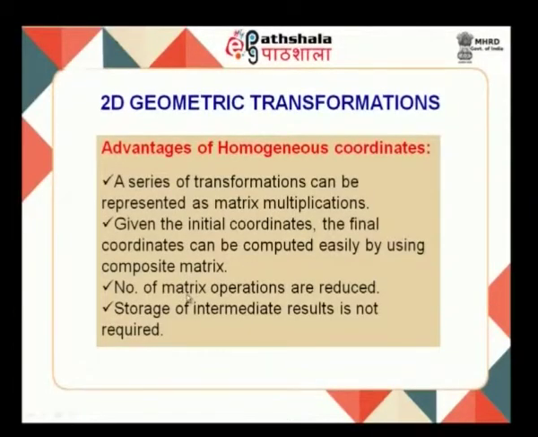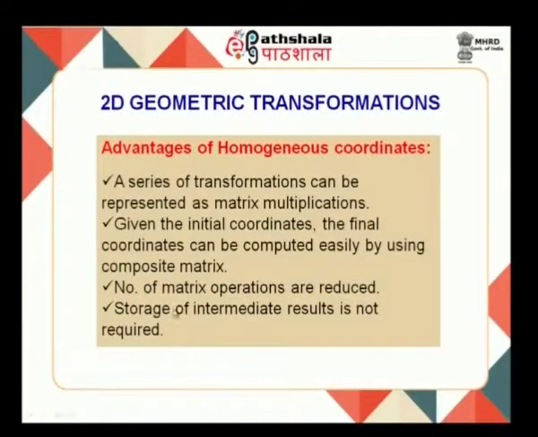And finally, the number of matrix operations is reduced to exactly half. It is just multiplication and no additions, so storage of intermediate results is also not required. These are the many advantages due to which we represent all our data in the homogeneous coordinate system.